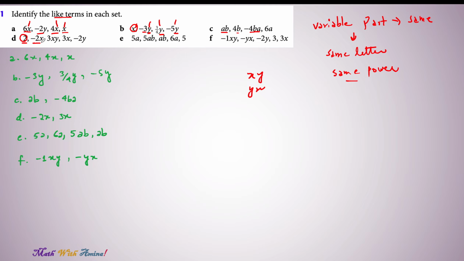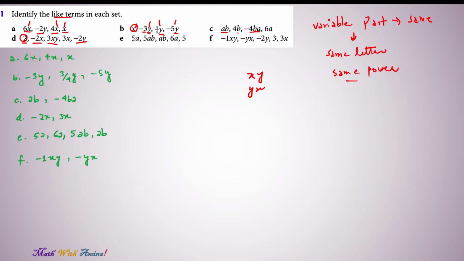This one has variable x, this has variables x and y, this one has variable y. So they are all different. Only minus 2x and 3x are like terms because they have the same variable and their variable has the same power. Therefore minus 2x and 3x in this given set are like terms.